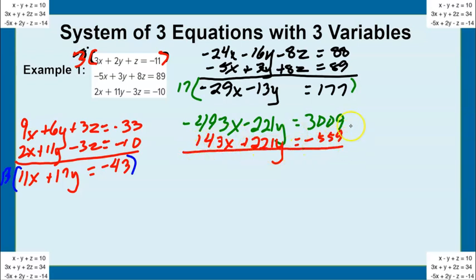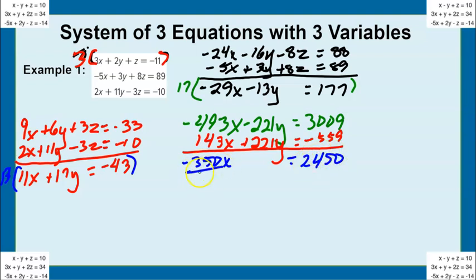And then when I combine, I should only have one variable left, so negative 493 plus 143 is going to give us a negative 350x. The y's cancel each other off, and I have 3009 minus 559 equals 2450.